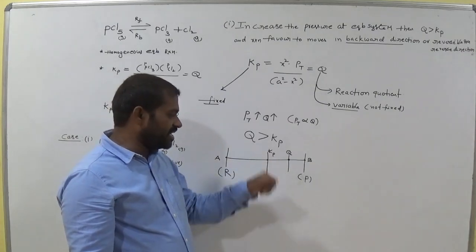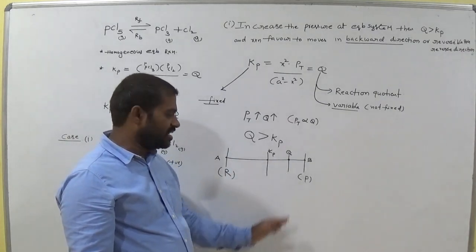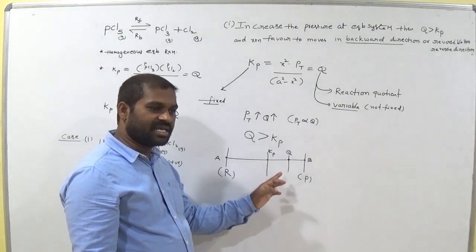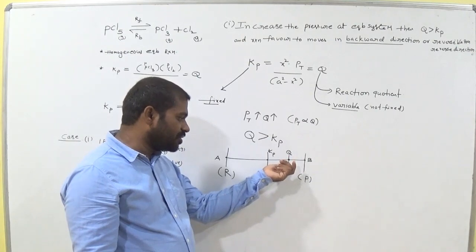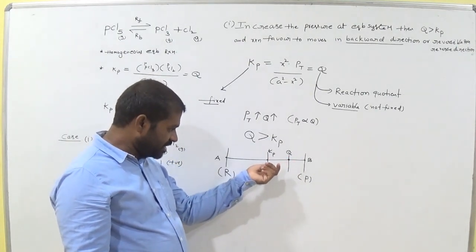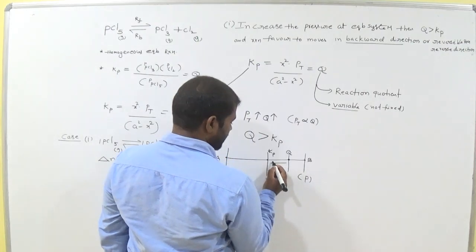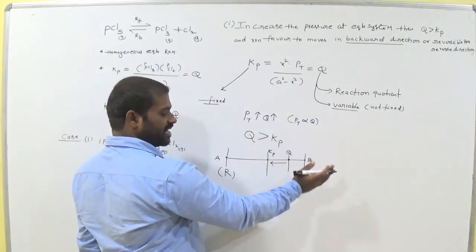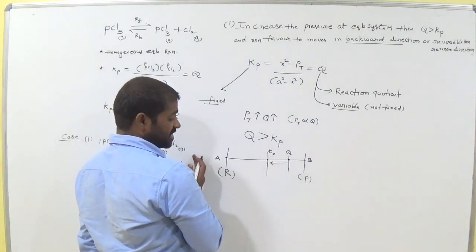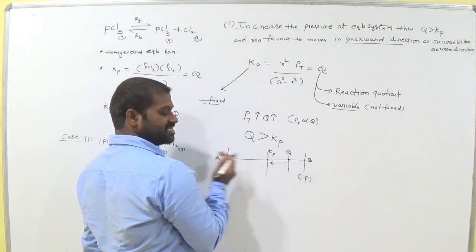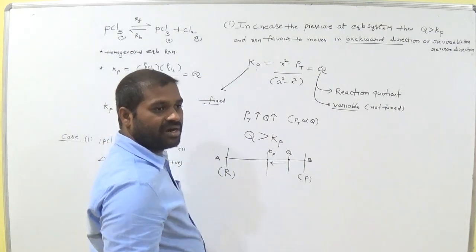But the point is at Q, so at this point it is not stable. Now to get stable, the value of Q moves towards Kp. In which direction does it move? In the backward direction. This is forward and this one is backward reaction. So the prediction of the direction is clearly backward.